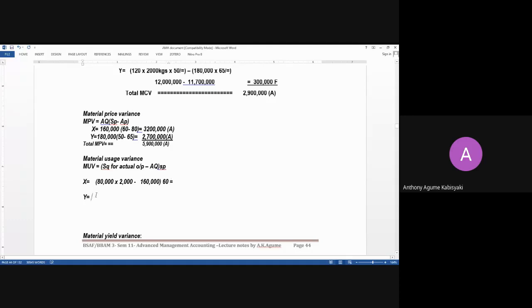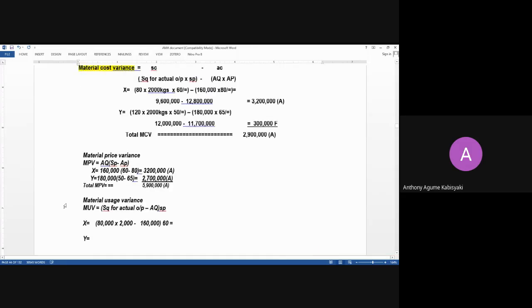Then another one for Y. Standard quantity is what? The standard quantity actually is not 80,000, but is 80 units.